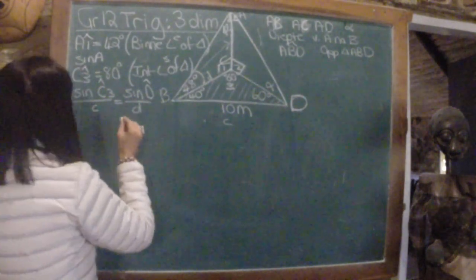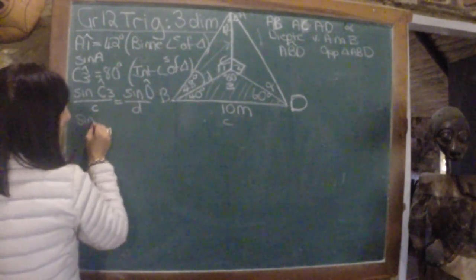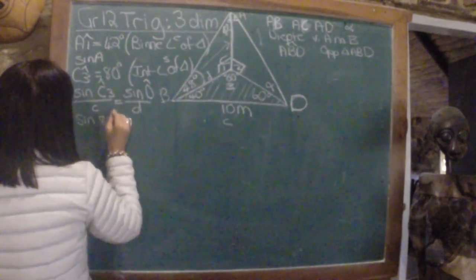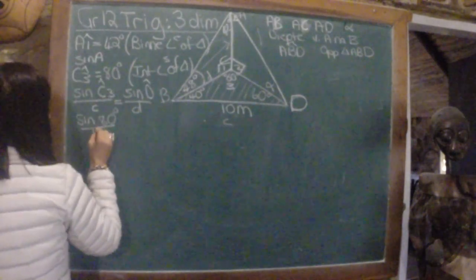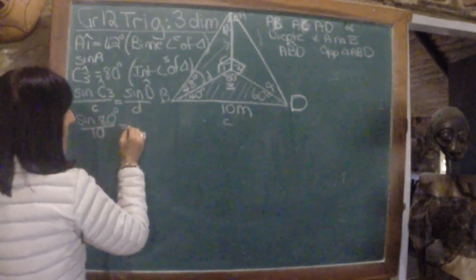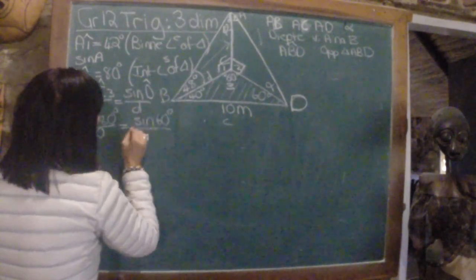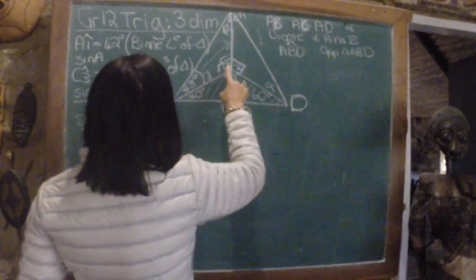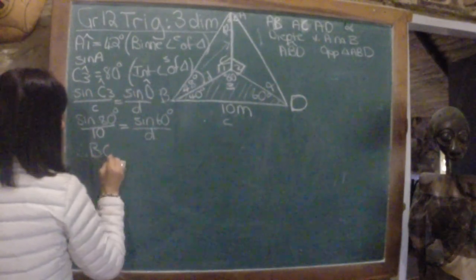That's my formula, and now I can do substitution. The sine of C3, that's 80 degrees, on small c equals 10, leave the units until the end. It's the sine of 60 on small d, and small d in this case is BC. So therefore, I can do cross multiplication.